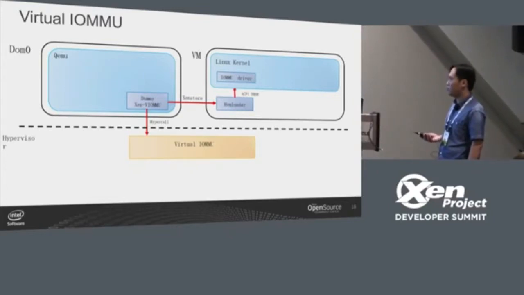The device will pass the input parameters and query the virtual IOMMU capability that the hypervisor can support. If it meets the requirement, it will create the virtual IOMMU device in the hypervisor via hypercall.